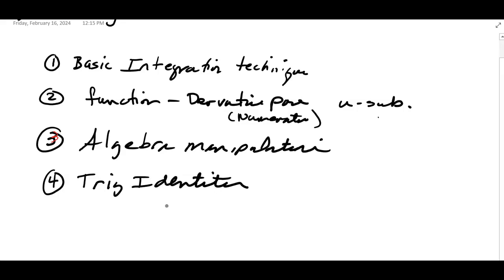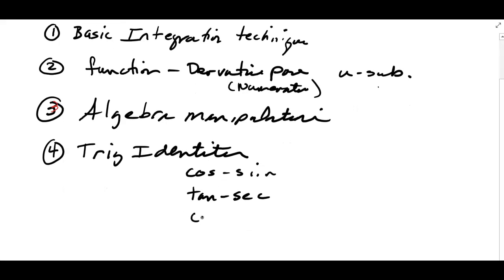And when we talk about trig identities, always look for that cosine sine pairing, that tan secant pairing, and of course, cosecant cotan pairing. These trig pairs, if you can turn everything into cosines and sines, sometimes that works nice. If you turn them into tans and secants, sometimes that works nice. But both algebra manipulations is about rewriting your integral into something you can actually integrate.